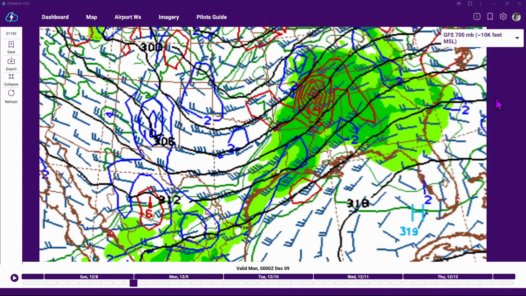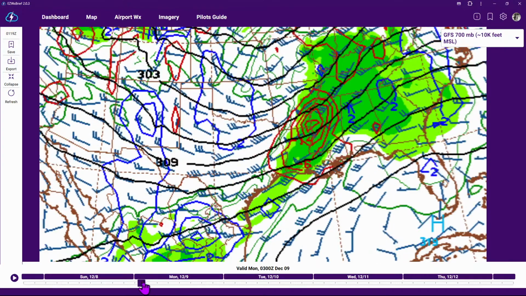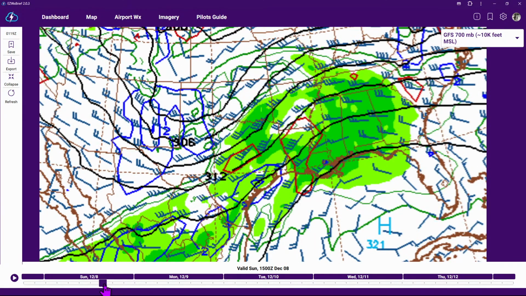So we're looking at this as a system that is in a developing state, and therefore, if I'm going to challenge a weather system, I don't want to challenge one that's in that state of intensifying.